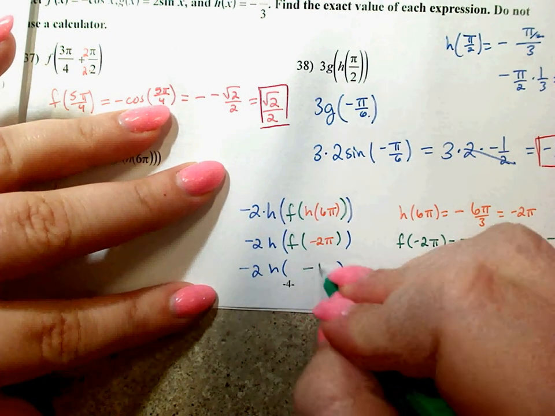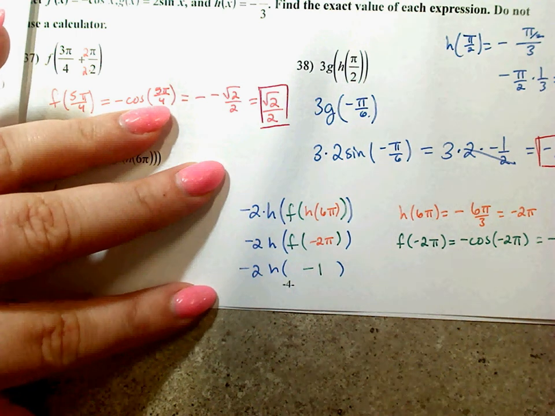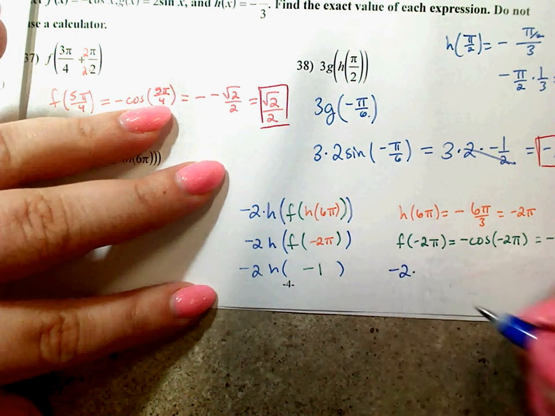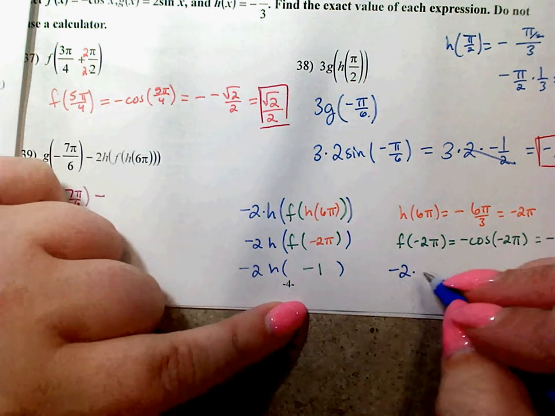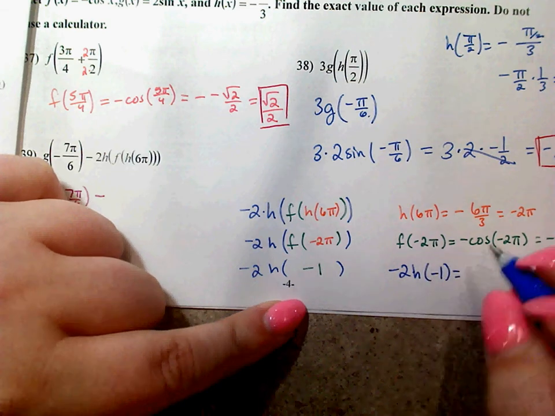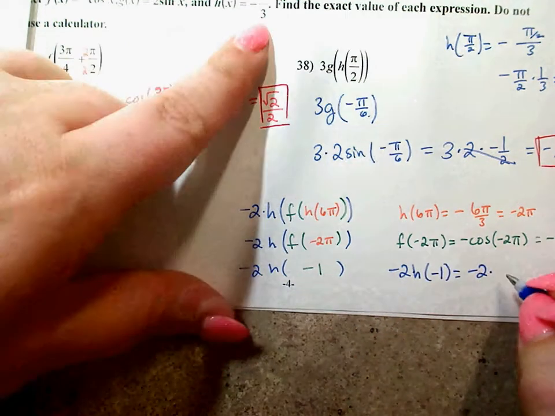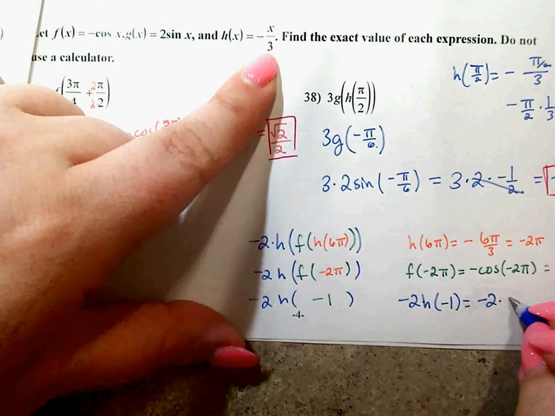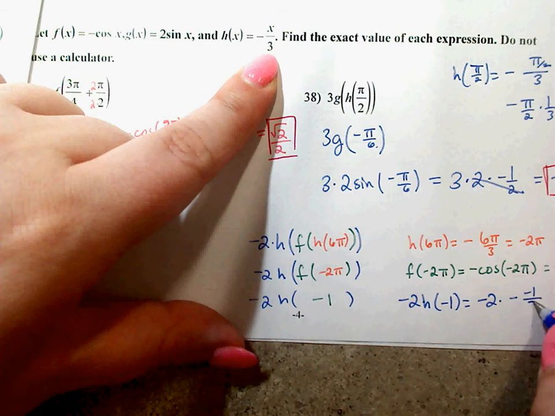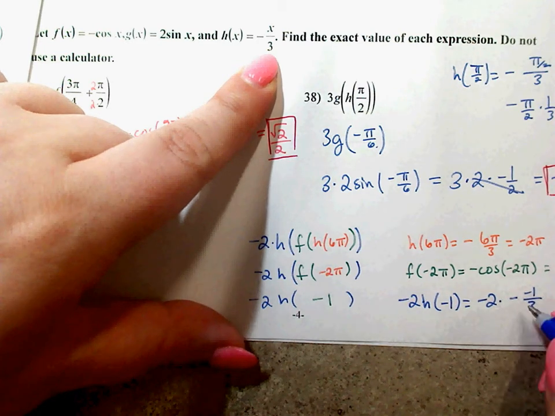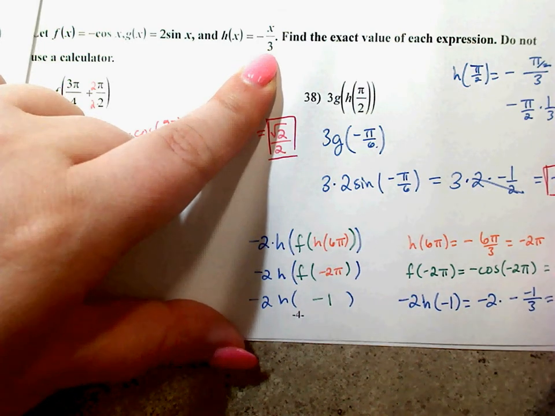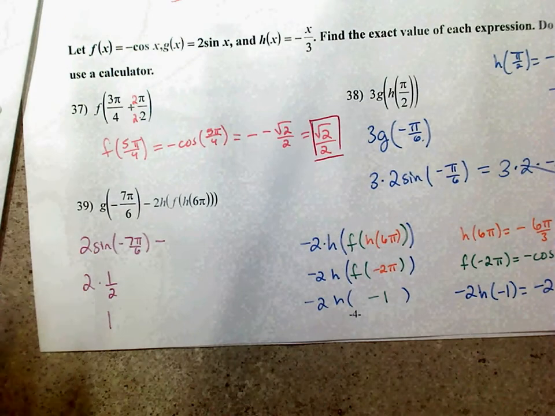So then what I'm really finding is negative 2 times h of negative 1, which equals negative 2 times negative 1 divided by 3, which means that's a positive 1/3, which means my final answer is a negative 2/3. Well, for that piece, right?